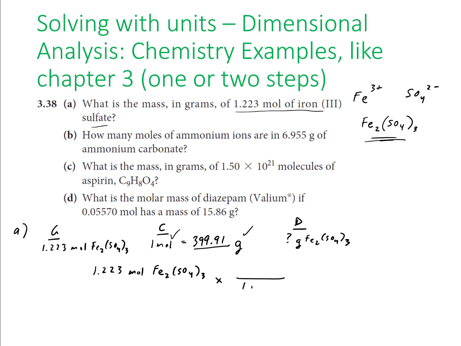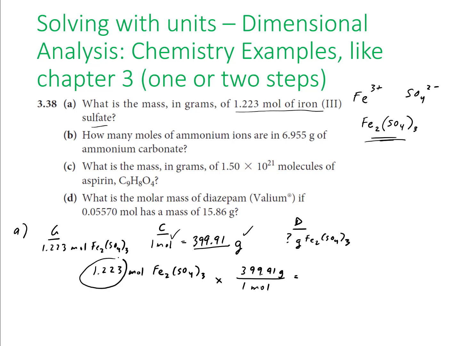So I'm going to write 1 mole on the bottom and then 399.91 grams on top. Okay, and then I'm just going to multiply those two numbers together. So I get 1.223 times 399.91, and I get 489.